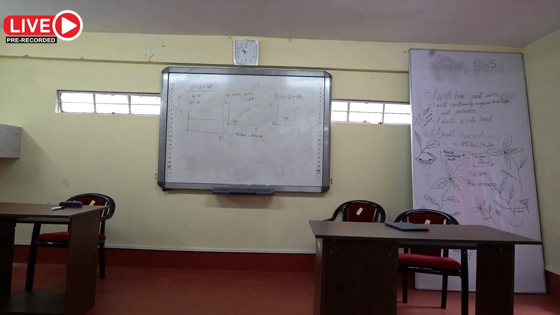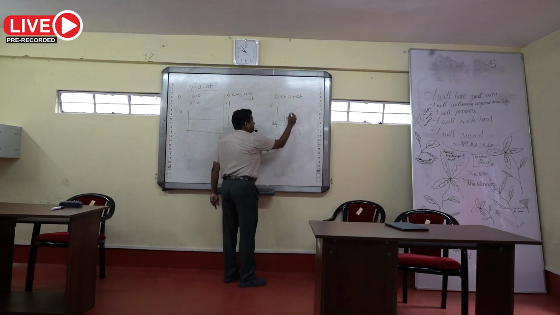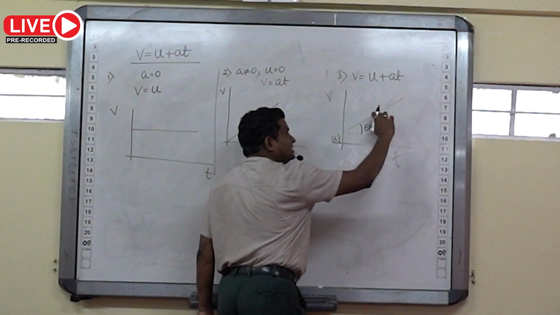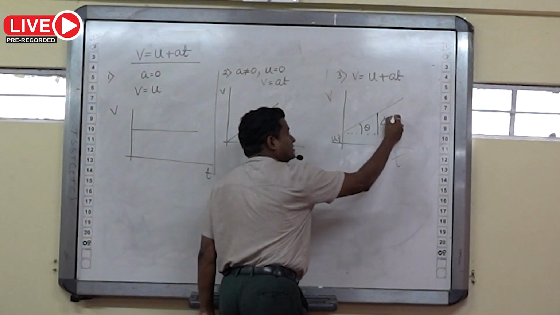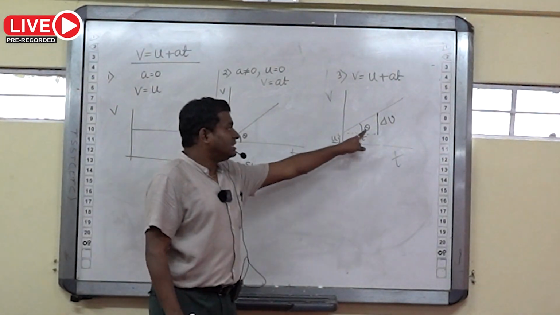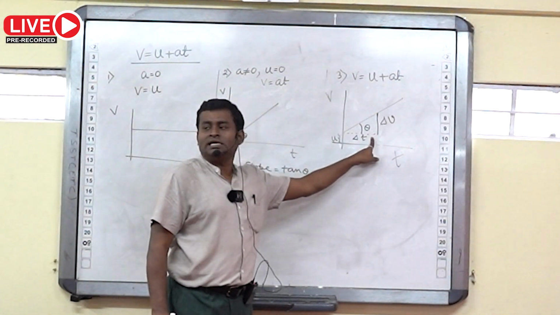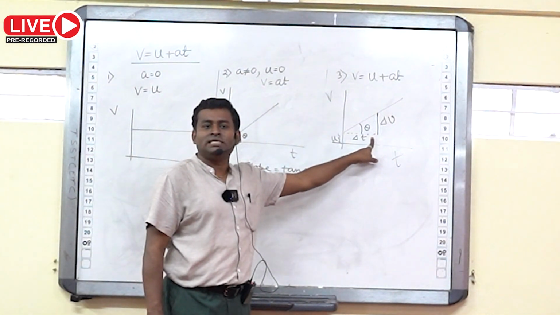So in both cases tan theta will be positive. So this graph has a positive slope, which means acceleration is positive, because the slope of the velocity-time graph represents acceleration. How? Just drop a perpendicular. This gives you the change in velocity. This gives you the change in time. So tan theta means delta v by delta t, change in velocity by change in time.